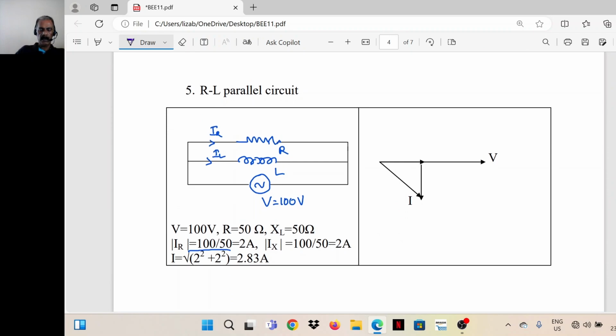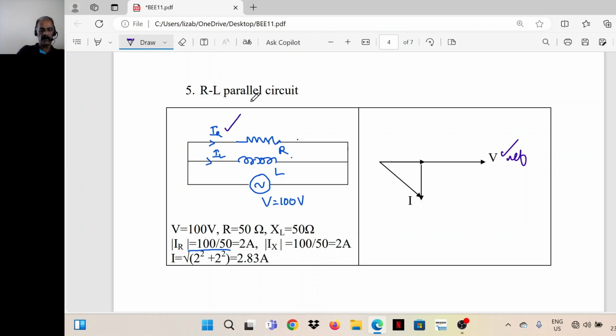An RL parallel circuit, one resistor and one inductor are connected in parallel. Now this voltage V is common for both these elements. So I'll take that as a reference. There are two currents. One is the current through the resistor, one is the current through the inductor.